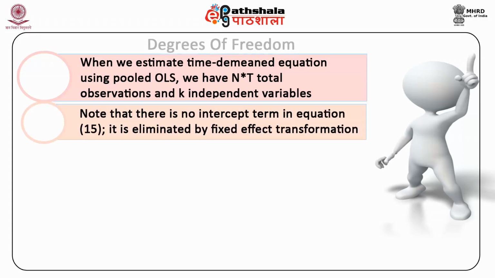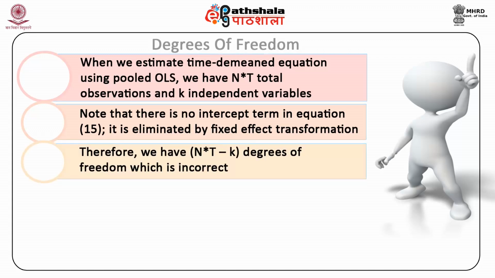Note that there is no intercept term in equation 15. It is eliminated by the fixed effect transformation. Therefore, we have N times T minus k degrees of freedom, which is incorrect.